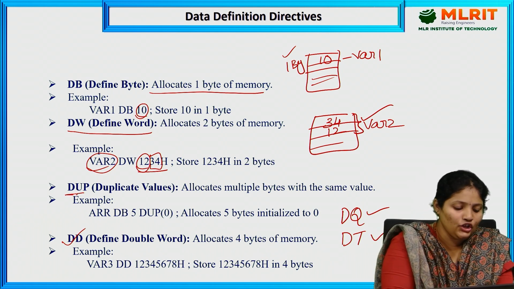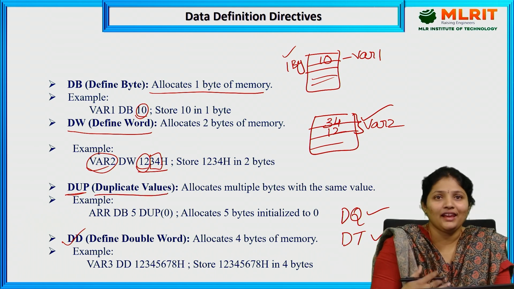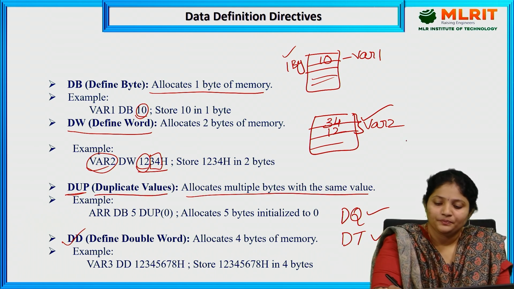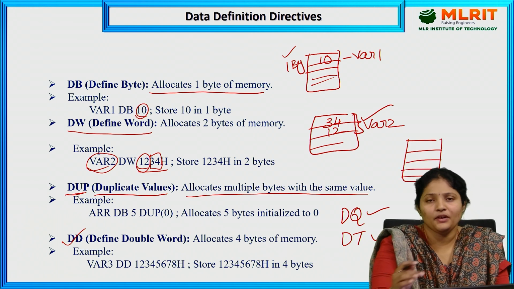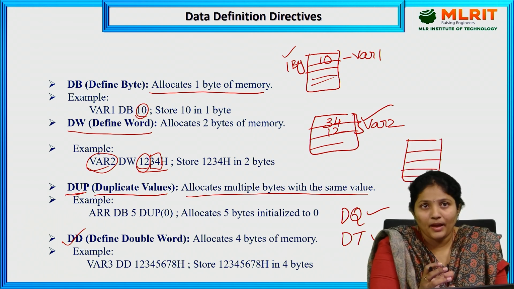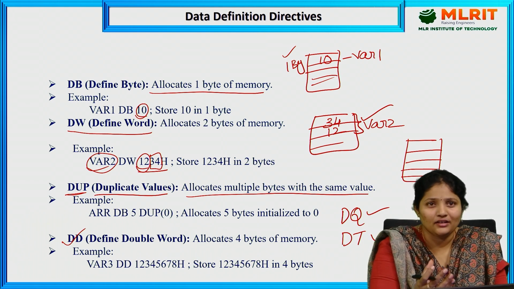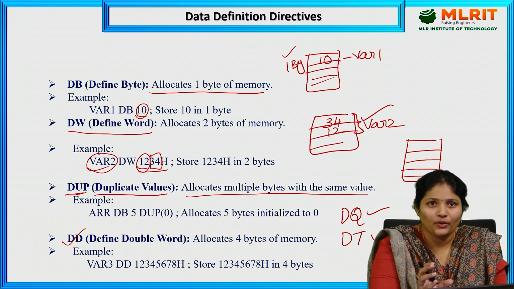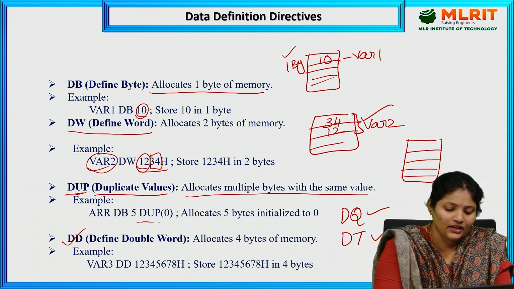And DUP, duplicate, allocates multiple bytes with the same value. So if after performing some operation we don't know how much memory is needed to store that particular result, in that situation we can use this duplicate memory.